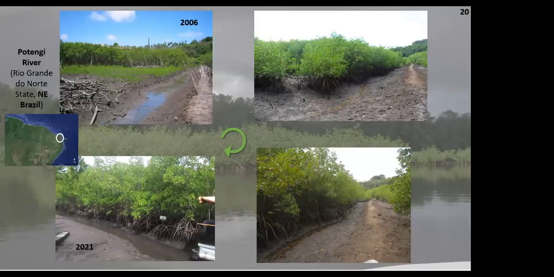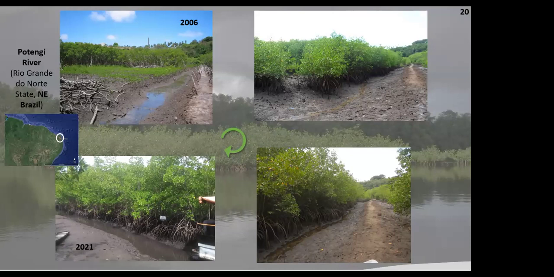Well, I will show you some projects and some attempts of mangrove restoration that we made in the northeast of Brazil. Here we have a project in the Potengi River, north of Brazil.